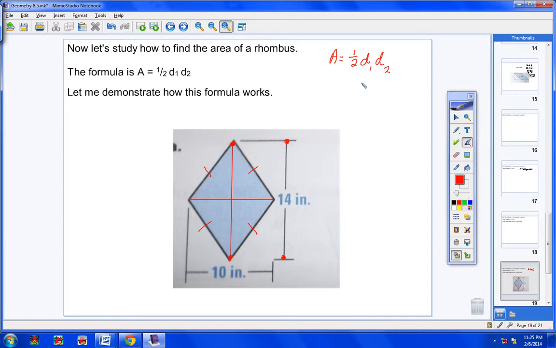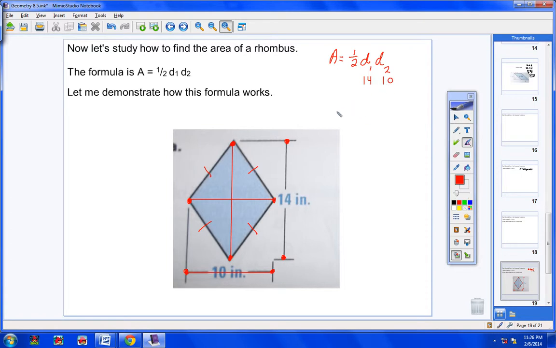So one of my diagonals is 14. Do you see that okay? Now look here. See this measurement down here? From this point here to this point here, I know that we have a measurement of 10 inches. So if from here to here is 10 inches, then also that means from here to here is also 10 inches. So now I know the length of the other diagonal. The other diagonal is 10.